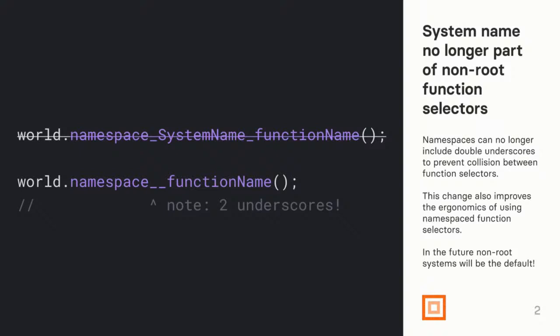The reasons for this are, function selectors are not the only exception for root systems. There's a bunch more exceptions, which make root systems very powerful, but also very dangerous. And the other reason is, root systems undermine the philosophy of MUD that there should not be a difference between first-party and third-party creators. And so going forward, the default will be regular non-root namespaces.